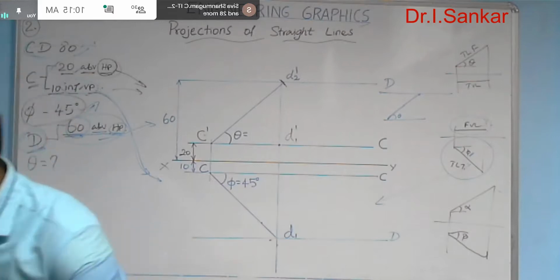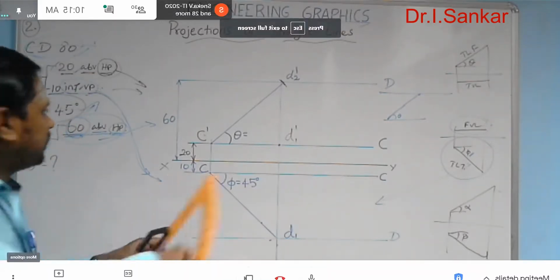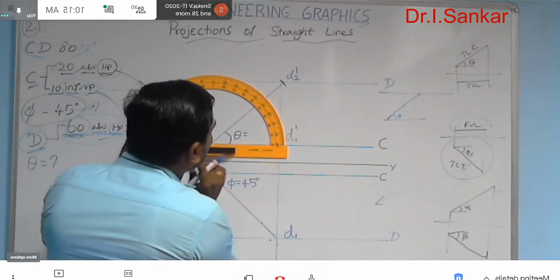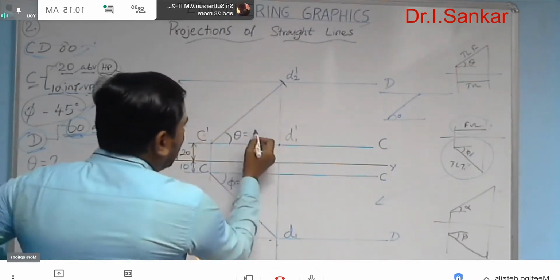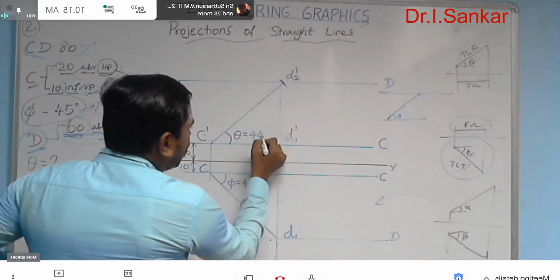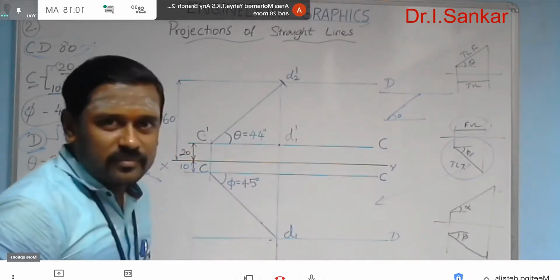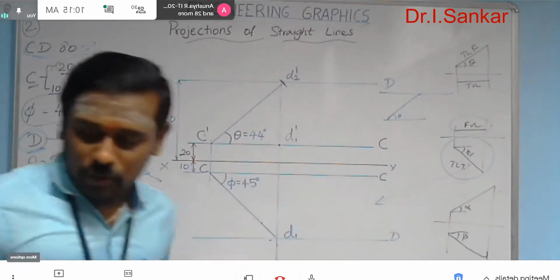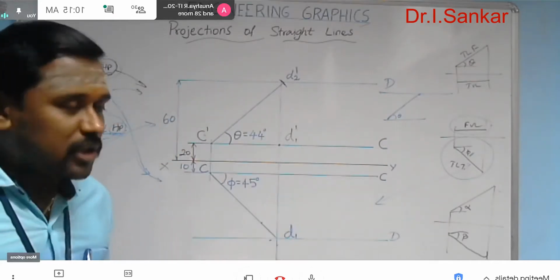In the board, I am getting the theta as 44 degree. But in your paper, your answer may vary because you are going to use the exact dimensions. So your answer may vary. Don't compare the answer I am obtaining in the board with your actual work in your paper.